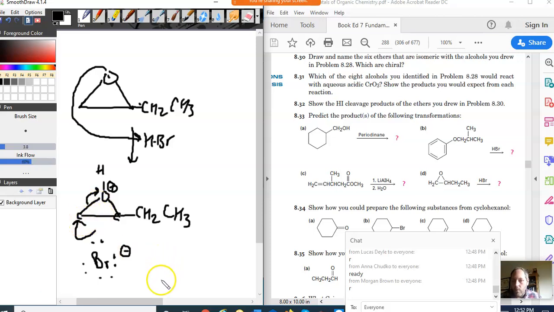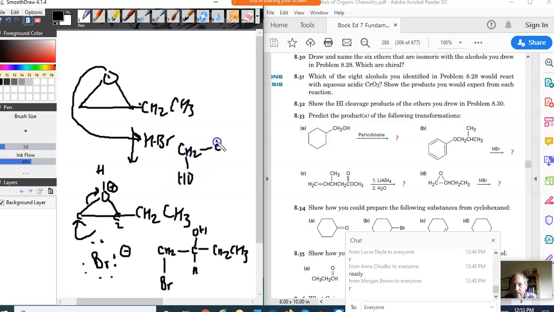In this case, carbon 1 will have a bromine, I'll put CH2 here, and carbon 2 is going to have the OH. Because it's a trans addition, as we talked about in chapter 4, these epoxides open trans. So you'd form something where one carbon has a bromine and the other has an OH. If you switch them and put the bromine on carbon 2, that's fine too.